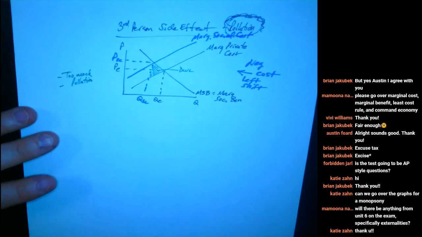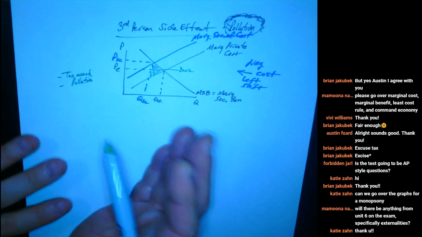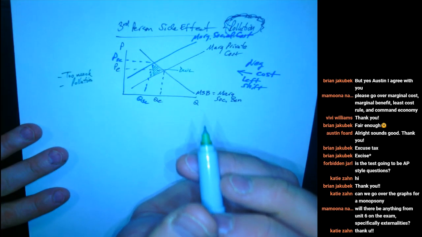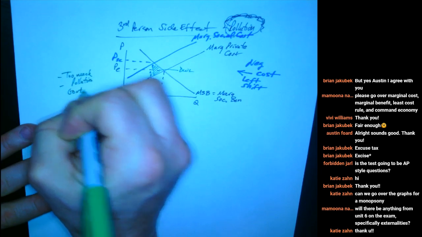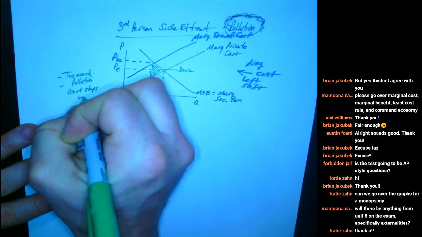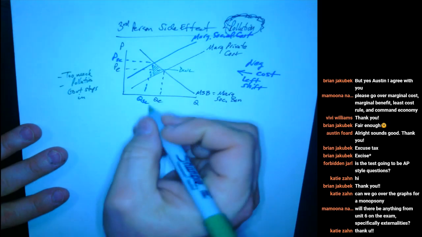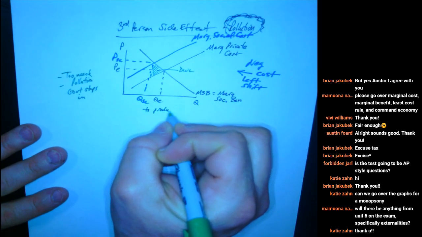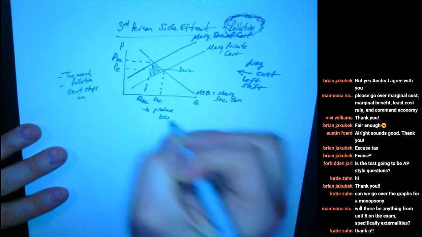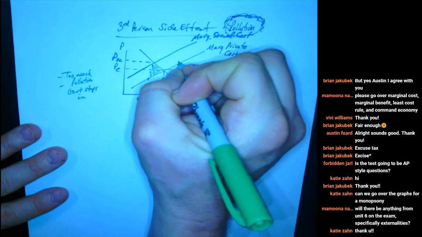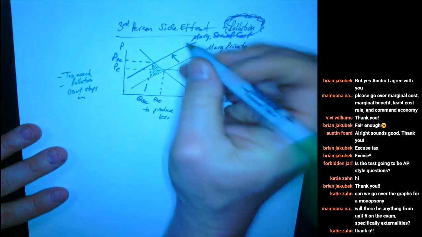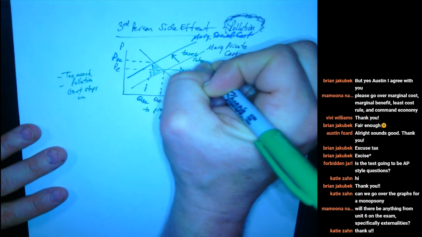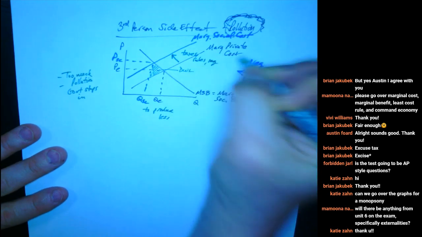Now, in order for us to get back to equilibrium, the government steps in. Okay? And in order to produce less pollution, we have to close this up. And it could be taxes, rules and regulations.